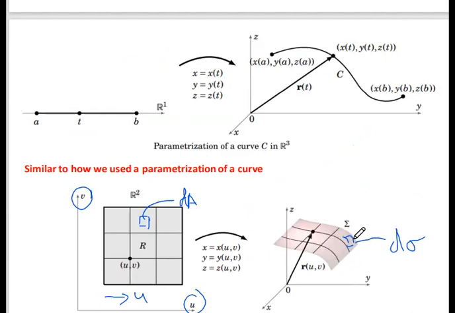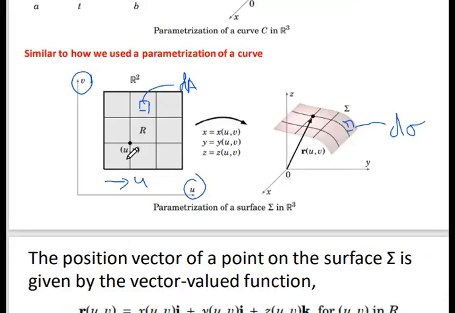So this is a general surface, and if you consider the parameter value u comma v, this is the corresponding point. So this maps this point on this plane. Now we are going to calculate the surface area of this one.